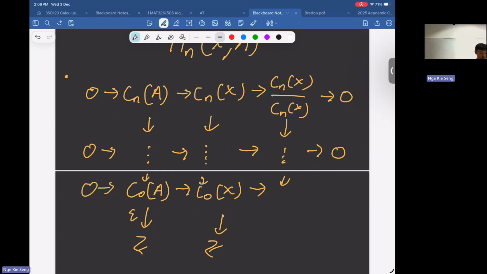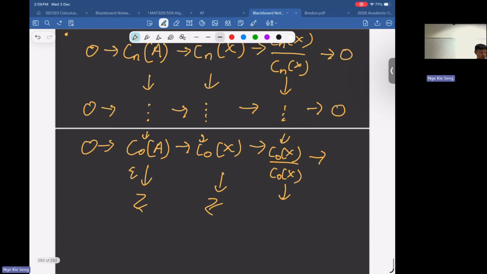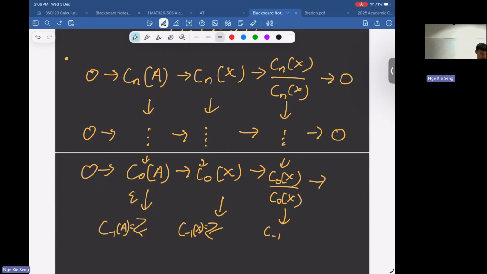Okay. Then you might ask the question, what's this relative chain here? Note that this extra part here is C_{-1}(A) and C_{-1}(X). So the relative part is also C_{-1}(X) over C_{-1}(A).